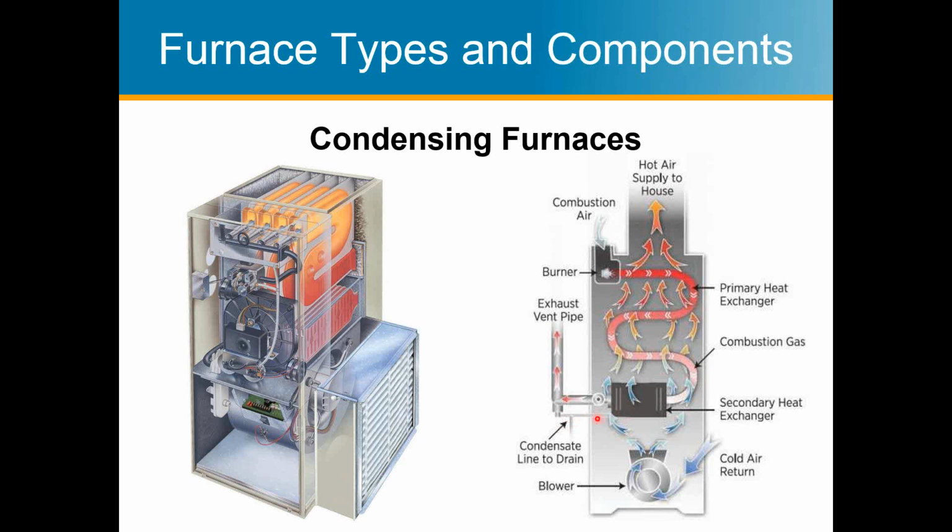Here, the water vapor is going to be mixed with some other pollutants from the combustion process, so it's acidic. And so when the water vapor does condense in, it usually runs across a lime mixture that neutralizes the high acidic levels in that condensate water before it goes out.